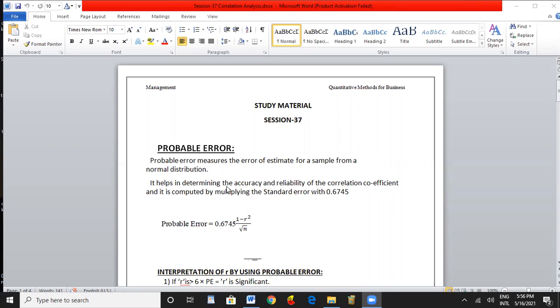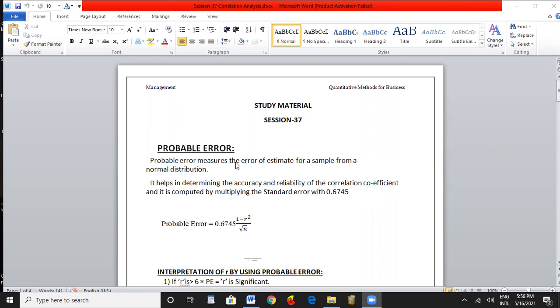It helps in determining the accuracy and reliability of the correlation coefficient. Probable error determines the accuracy of the sample selected from the normal distribution, to what extent it is correct.